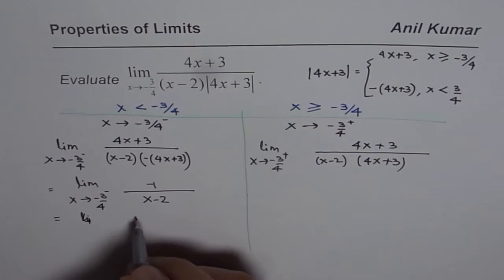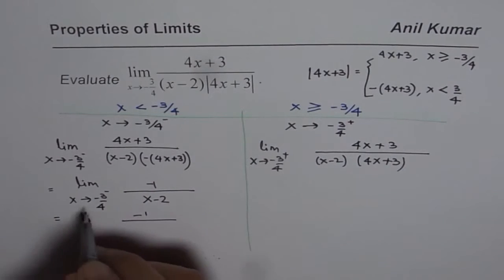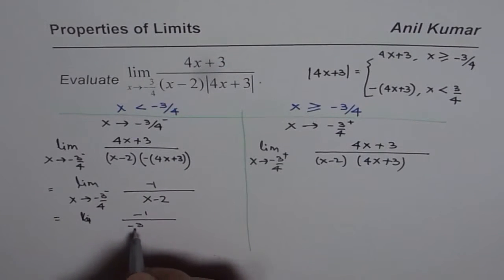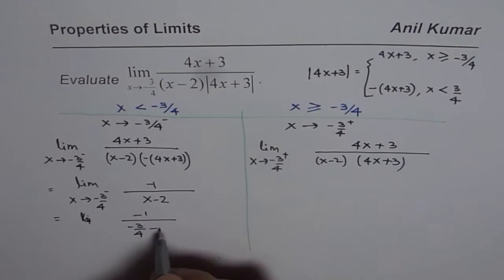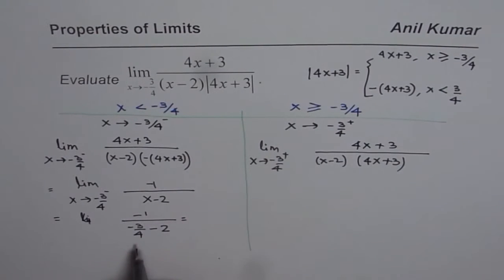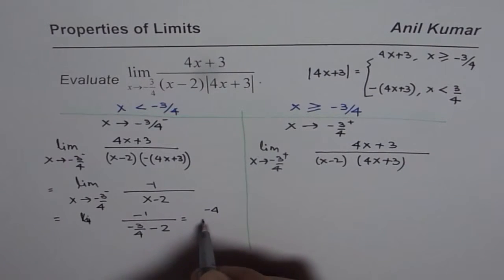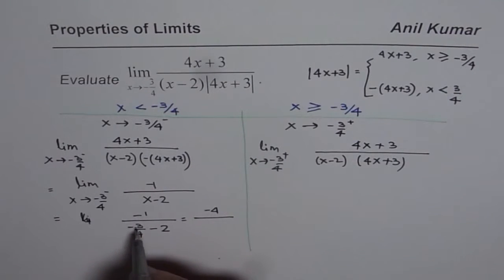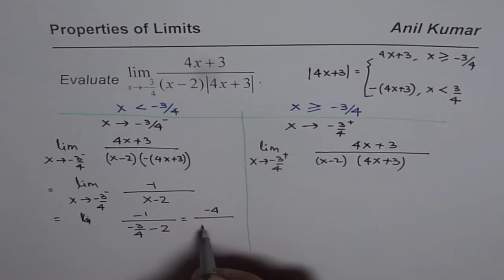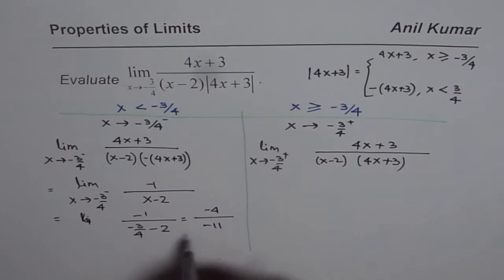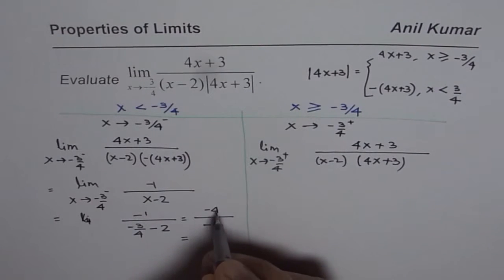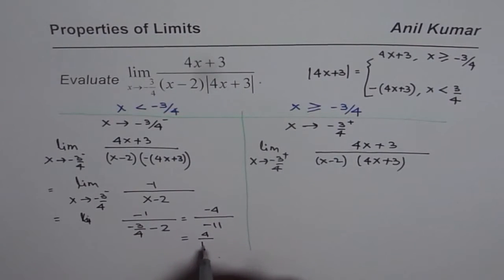We get minus 1 over minus 3 over 4 minus 2. So the 4 goes to the numerator, so we have minus 4 divided by minus 3 minus 8, which is minus 11, and both negatives cancel out. We can write this as 4 over 11.